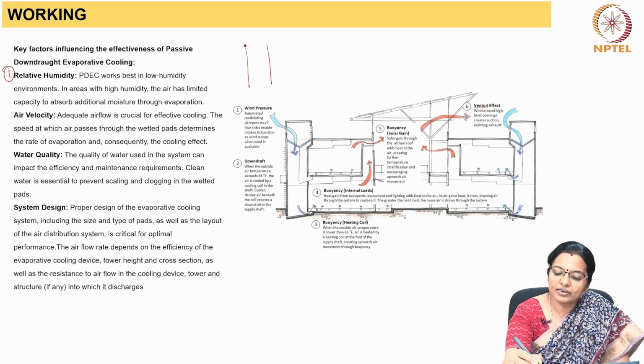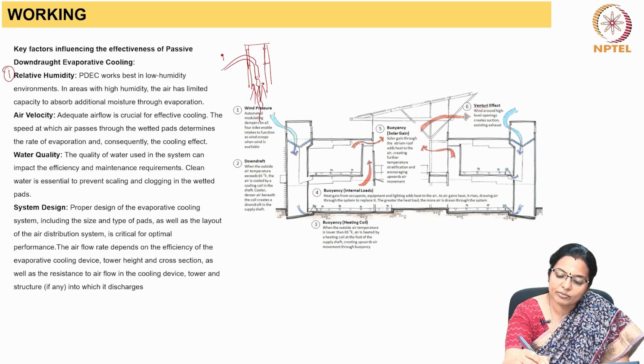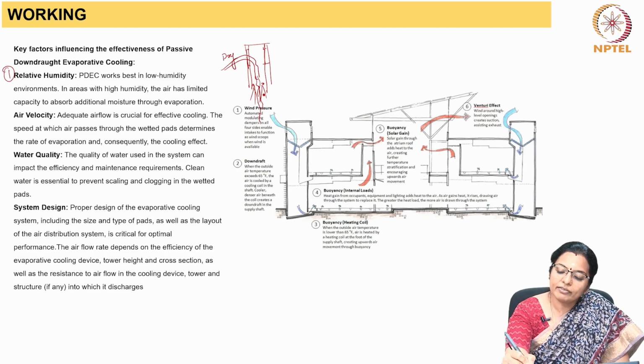So, if we have a tower with a slit, then the air that comes in actually absorbs the moisture, and unless the air is dry, it will not be able to absorb the moisture.